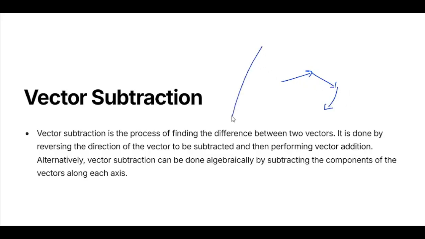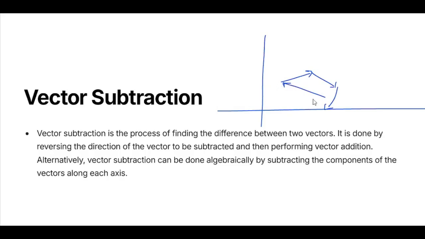These arrows could be drawn on a graph, where you would have the x-axis and the y-axis. So these vectors can be drawn on graphs like this, and we can get their subtraction and addition graphically.